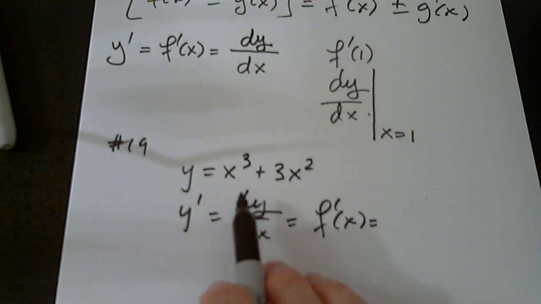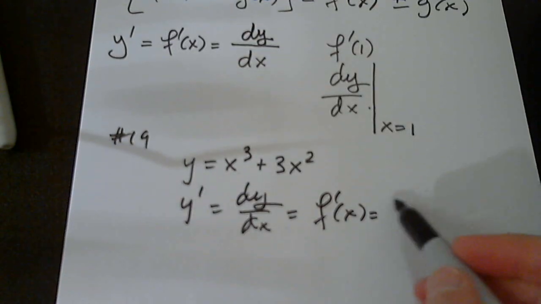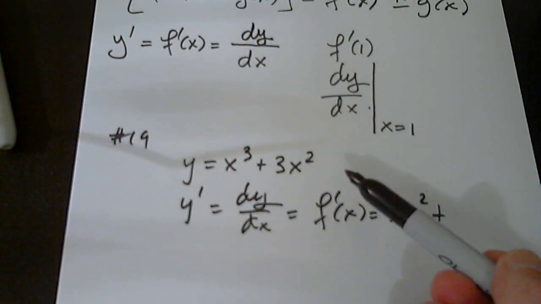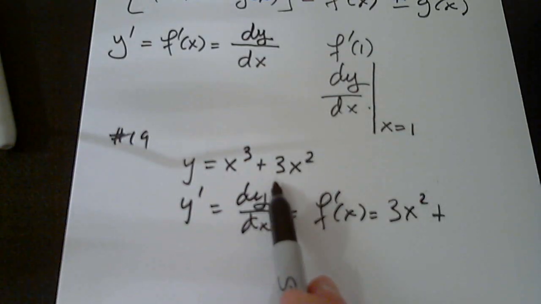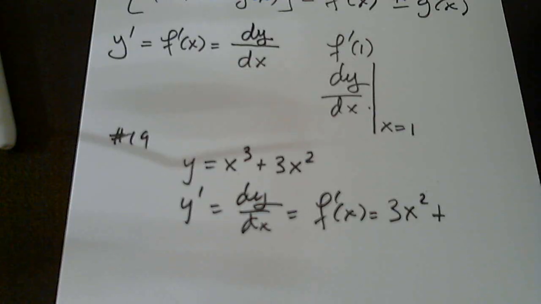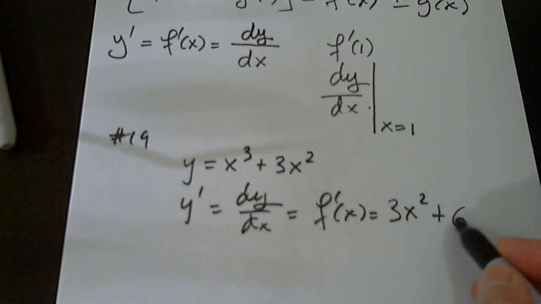You already told me the x cubed gives 3x squared. For 3x squared, we bring 2 down, but we have to multiply it by 3, and then subtract 1 from the power. So what is 3x squared prime? 6x. That's it. Done.